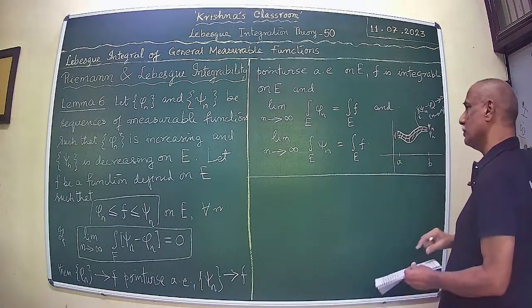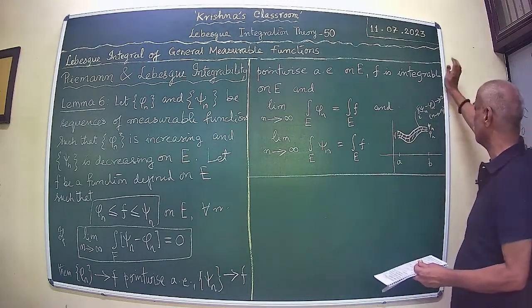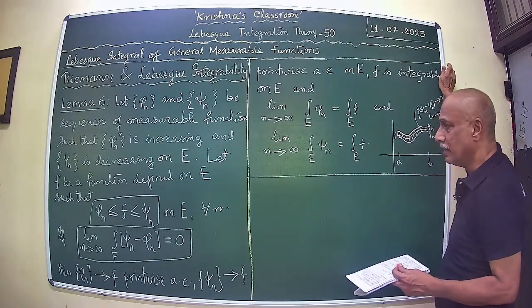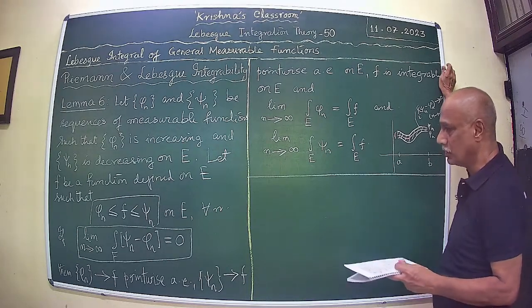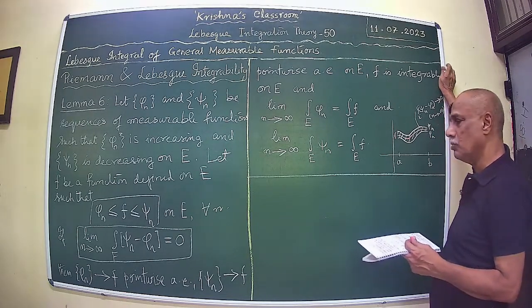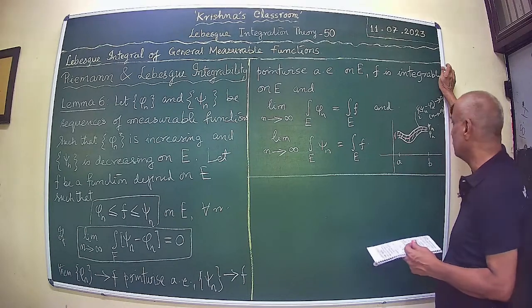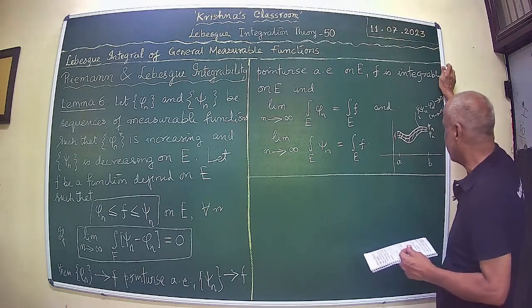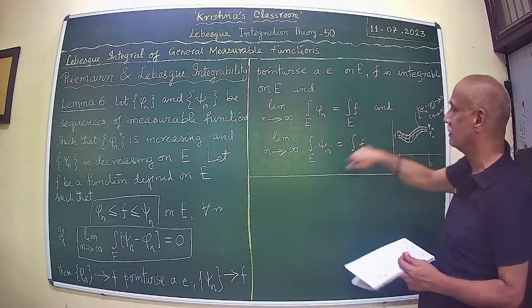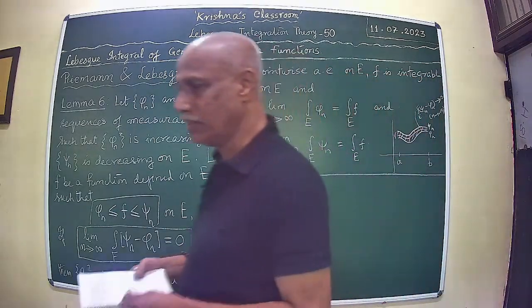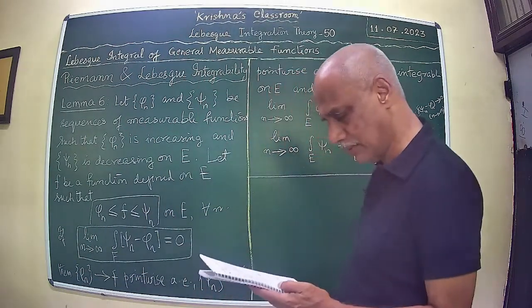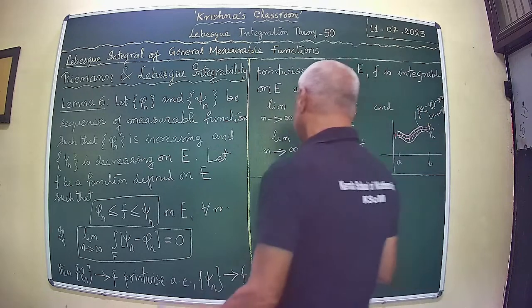And if this is so, then what you can infer is that such an f is a measurable function, and phi n pointwise almost everywhere converges to f, psi n almost everywhere pointwise converges to f, and this integral of f can be computed either using phi n or by using psi n. That's the result that you have. Okay, let us prove this result.